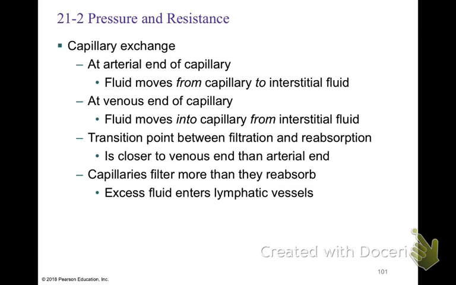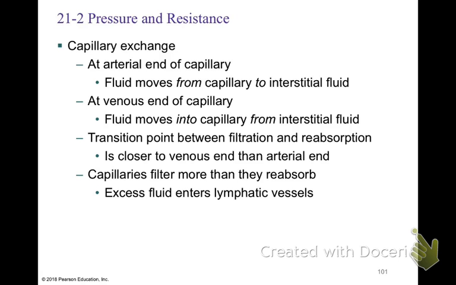Again, fluid at the arterial end, where the blood pressure is high, tends to filter out of the capillary to the interstitial fluid, and in fact, that's how interstitial fluid is formed. And then at the venous end of the capillary, fluid moves into the capillary because the blood pressure is low. The transition point, there's going to be one.